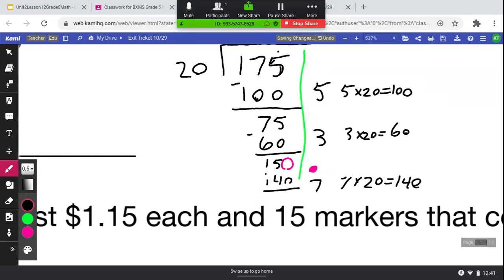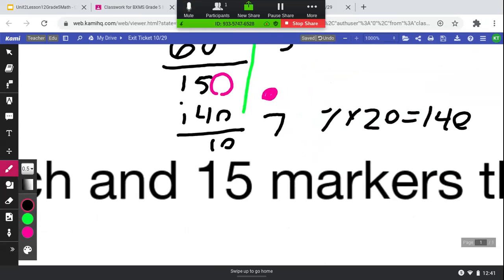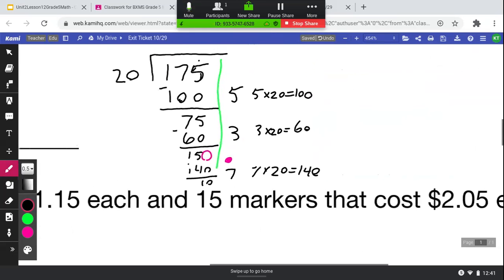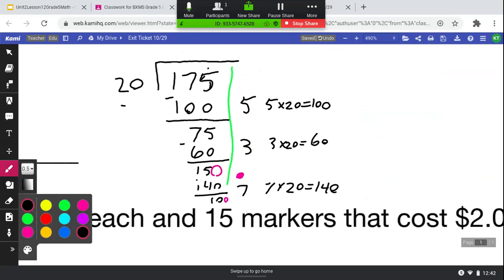And I'm left over with 10. Uh-oh, I'm running out of room, y'all. I gotta make it last. So again, 20 is bigger than 10, but since we're in the decimal, all we gotta do is add that 0. And we're asking ourselves, how many times does 20 go into 100? And the answer is 5.